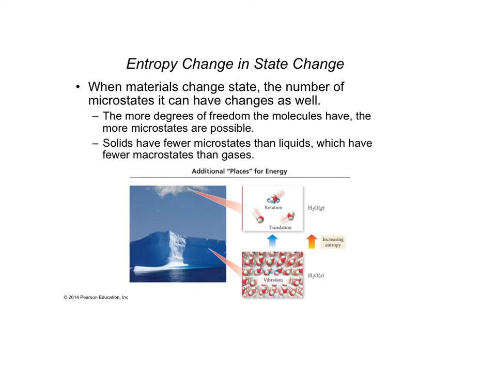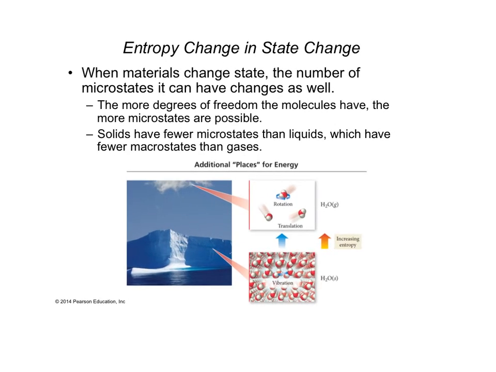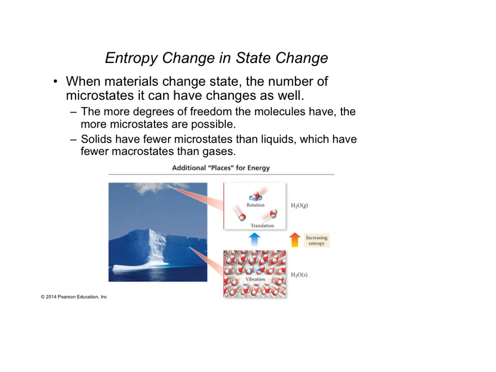So more freedom of motion, more degrees of freedom, more W, more microstates. Also, more ways that they can disperse energy within their system.